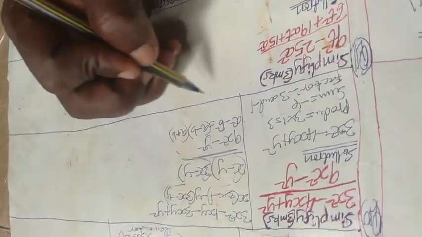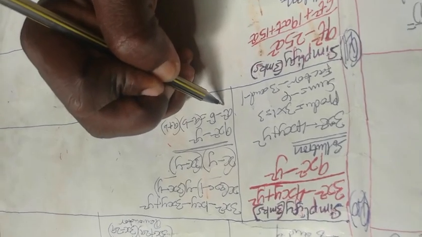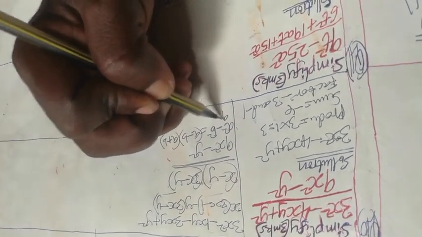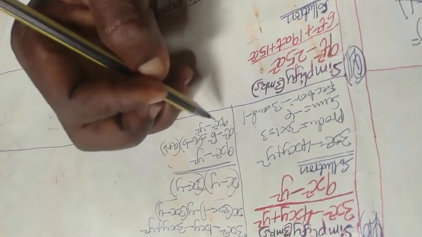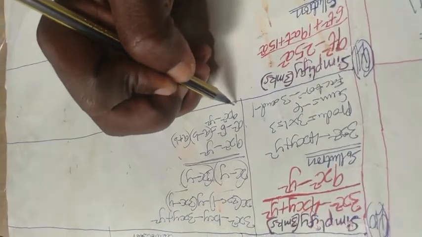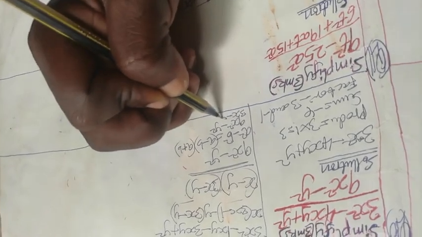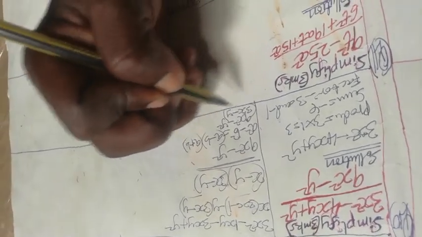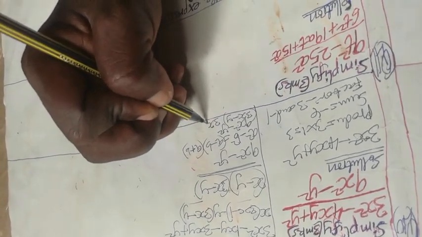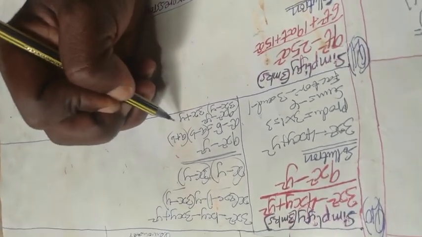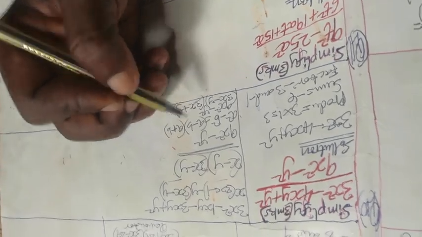Therefore 9x squared minus y squared is the same as 3x minus y into brackets 3x plus y.